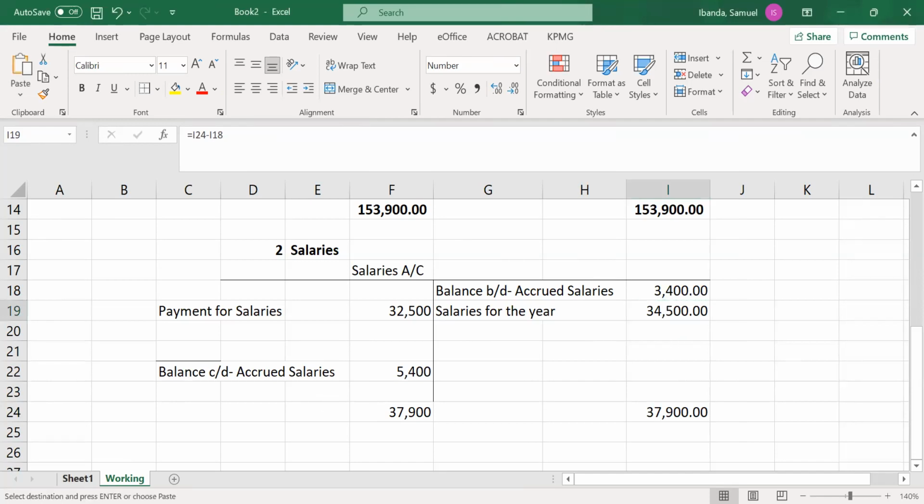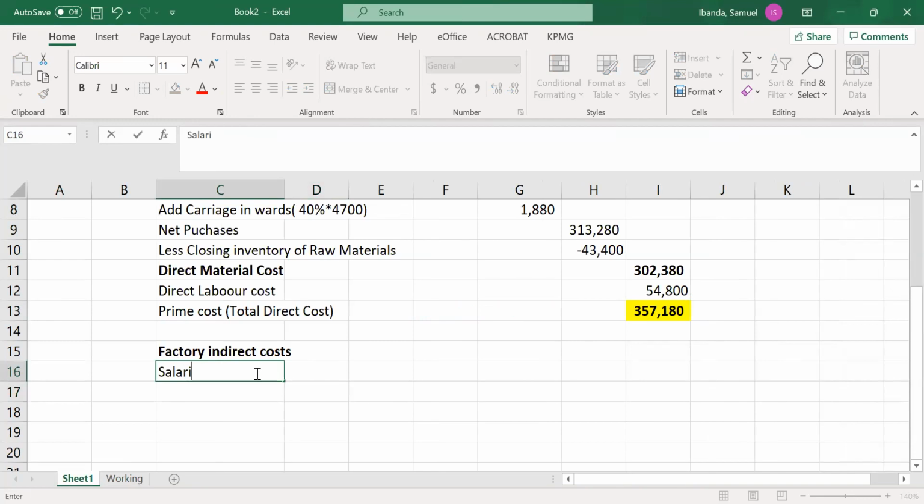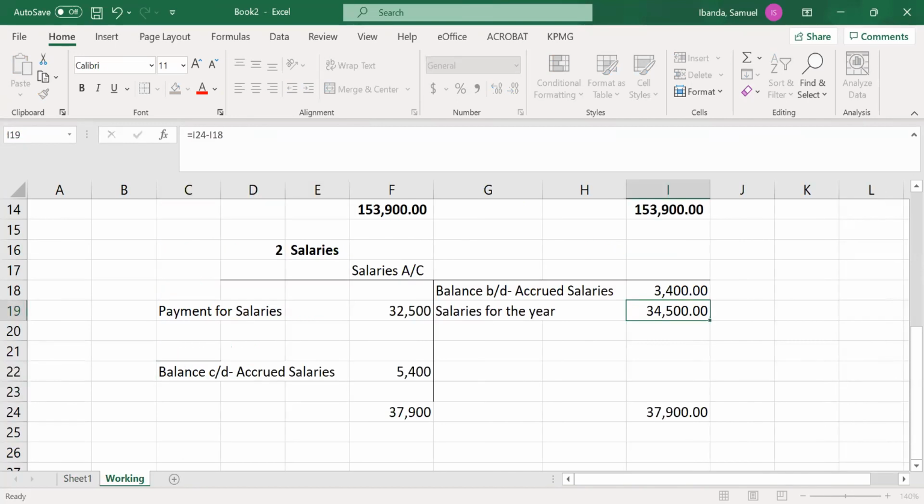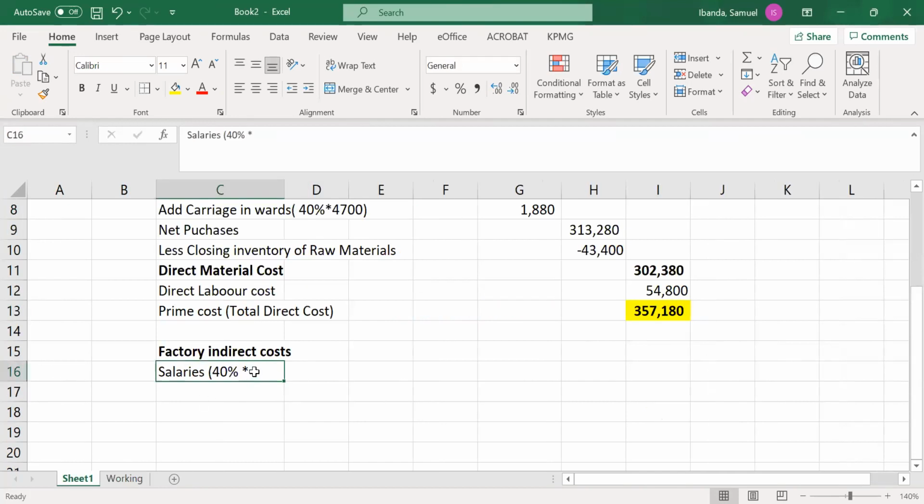So what we shall basically do, remember the salaries here are 40%. So 40% times what we have here, which is 34,500, you get 13,800.